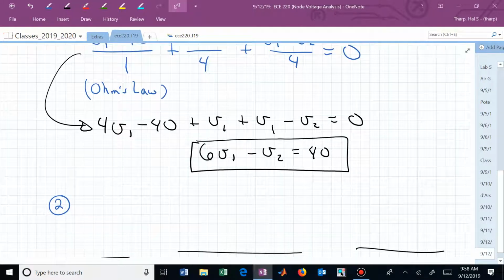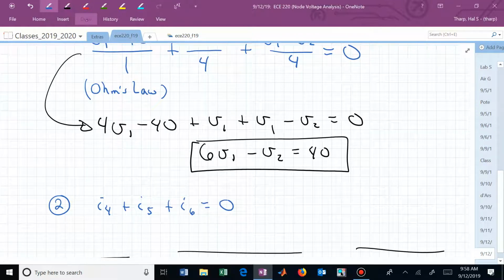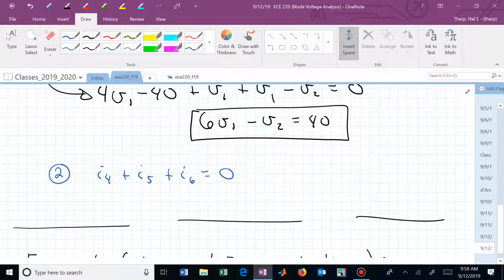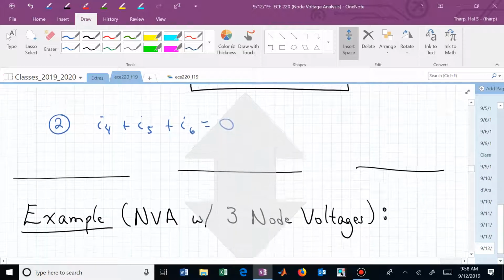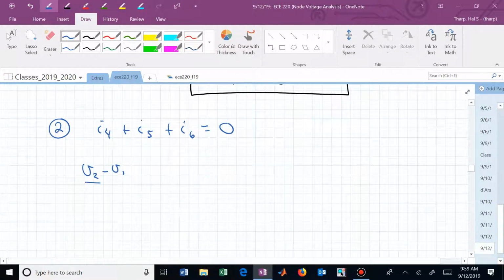For node 2, we're saying I sub 4 plus I sub 5 plus I sub 6 is equal to 0. We are now trying to find I sub 4, and I sub 4, I said, was V2 minus V1 over 4.